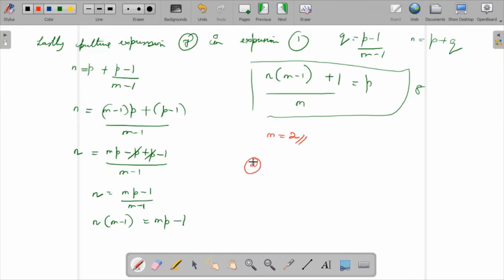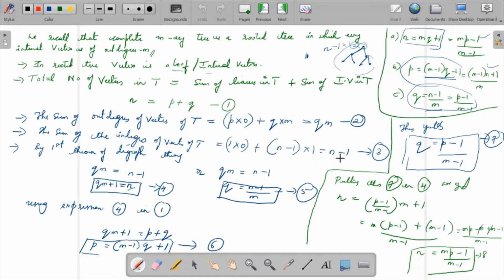For example, n is equal to 2q plus 1. If it is a complete binary tree, then n is equal to 2q plus 1, that is equal to 2p minus 1 divided by 2 minus 1, which would be 1 itself.